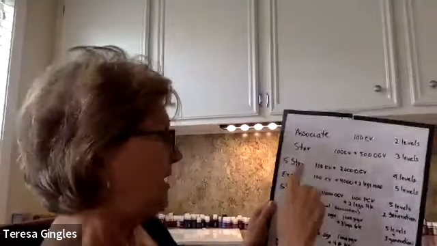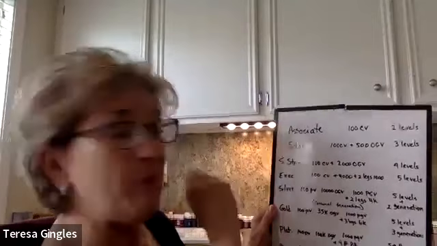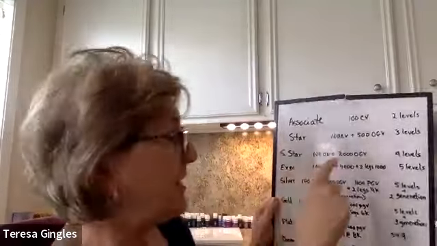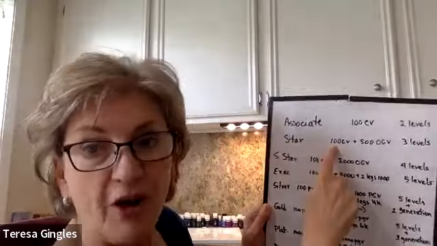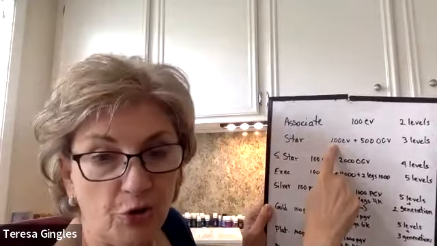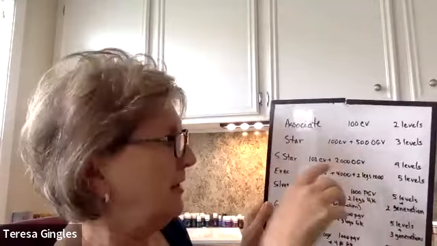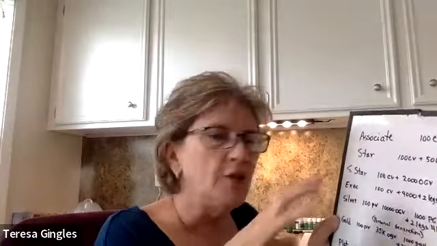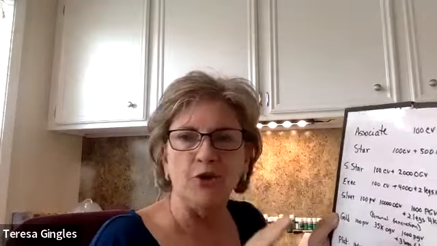So here we are. To hit star, if they spend 500, actually you would be star, because it takes 100 customer volume, just what we talked about a while ago, your order or your customers, and it takes 500 OGV. OGV stands for organizational group volume. So that's your order and everybody in your group.